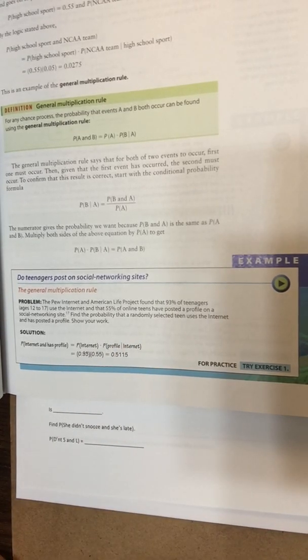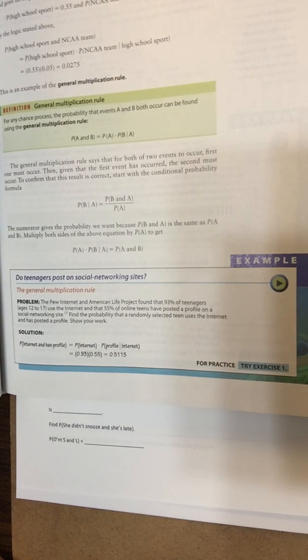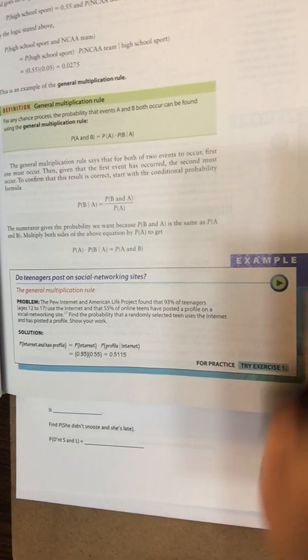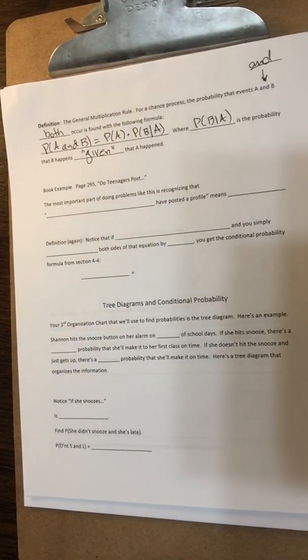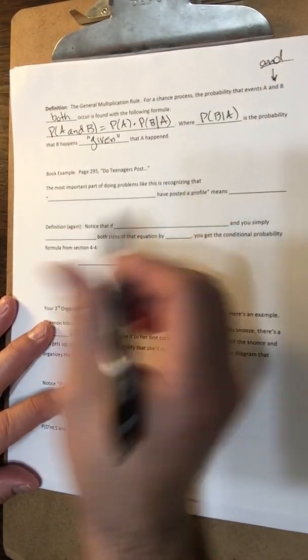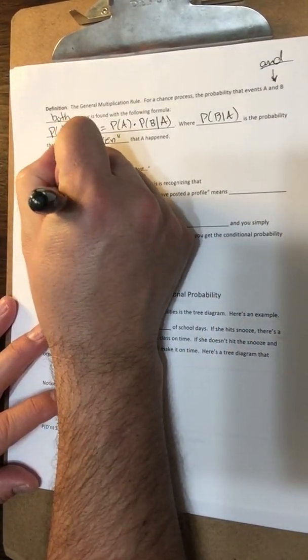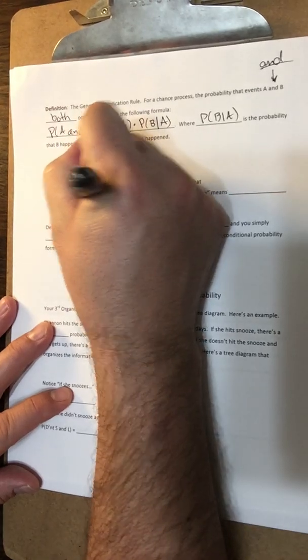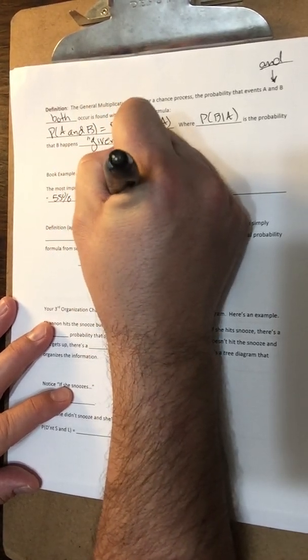Anyway, find the probability that a randomly selected teen uses the internet and has posted a profile. Show your work. Okay, the most important part of doing problems like this is recognizing what I pointed out. It said 55% of online teens.